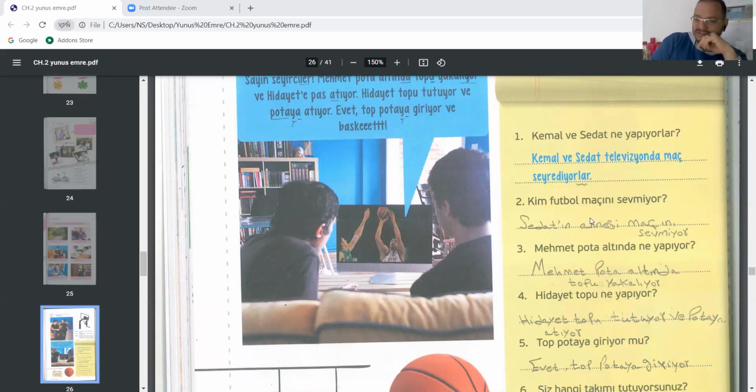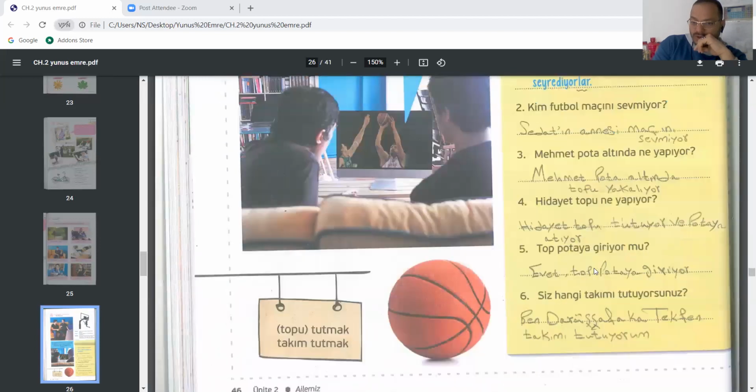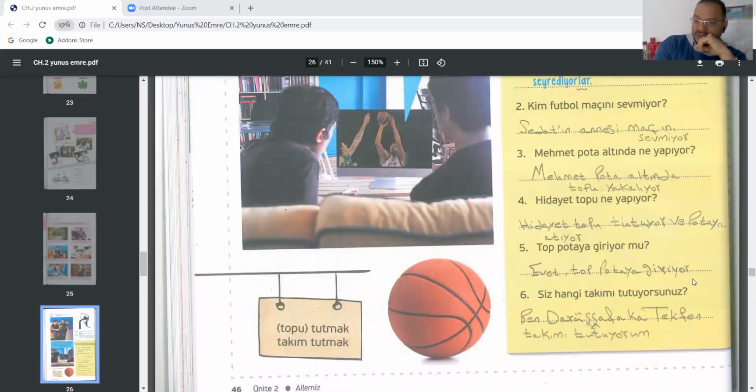Mehmet pota altında topu yakalıyor. Hidayet topu ne yapıyor? Hidayet topu tutuyor ve potaya atıyor. Top potaya giriyor mu? Evet, top potaya giriyor. That means a goal.